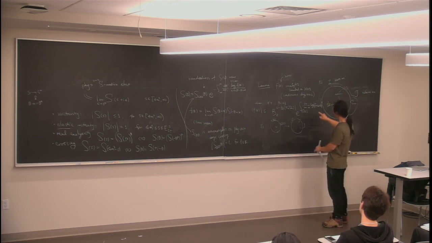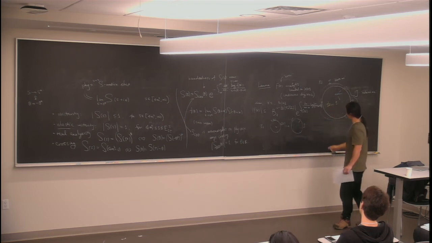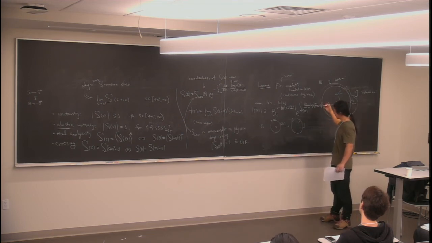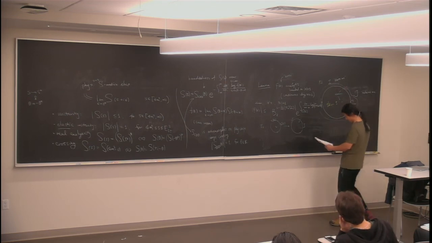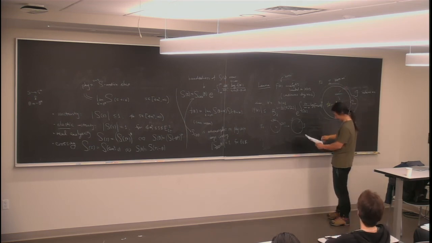And finally, this is log of the absolute value of this function, basically on the elastic part of the arc. So this f is meant to be the error. So if the error is very small, this is going to be hugely negative, and this whole thing will be suppressed. So you can see that this is going to be quite a strong constraint.